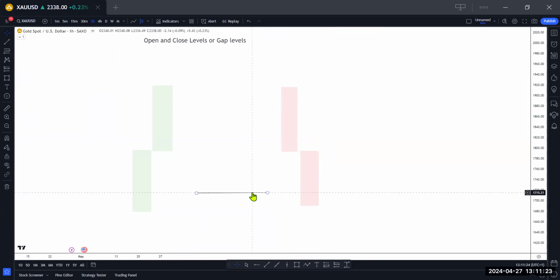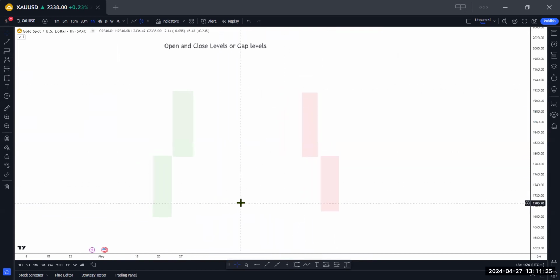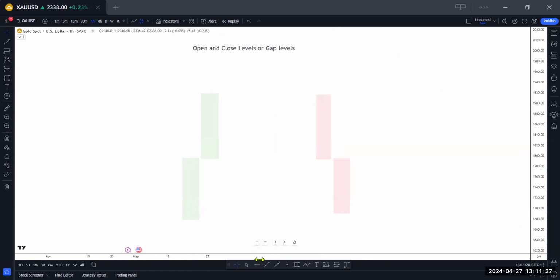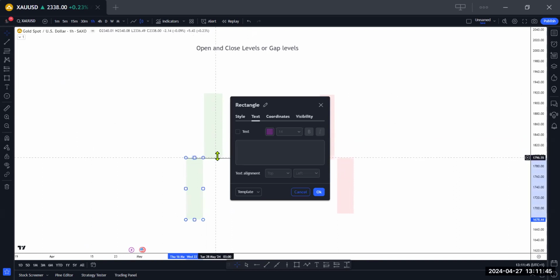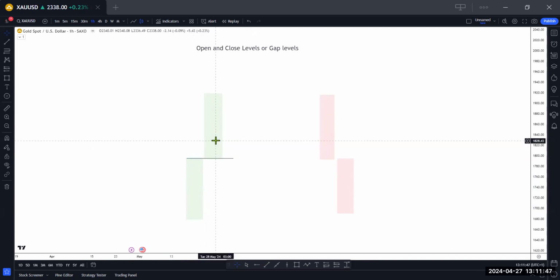So now, guys, I want you to look at this. This phenomenon is what we call the open close levels. Why? Because where a candle closed, another candle of the same type opened.